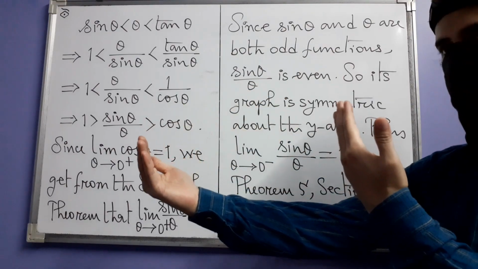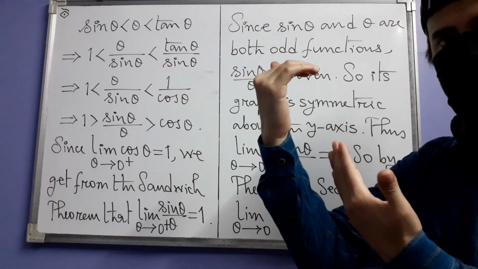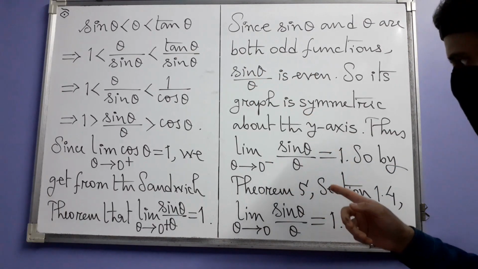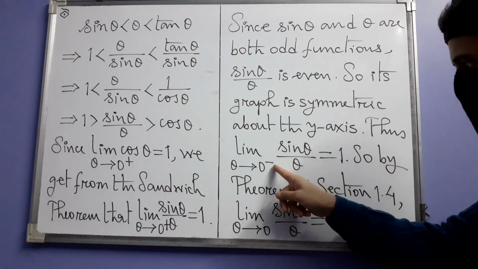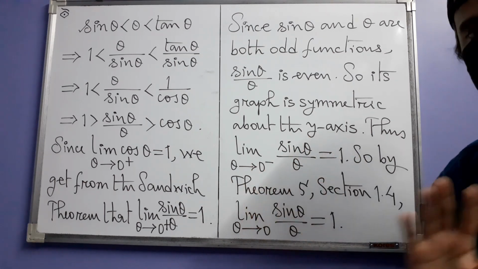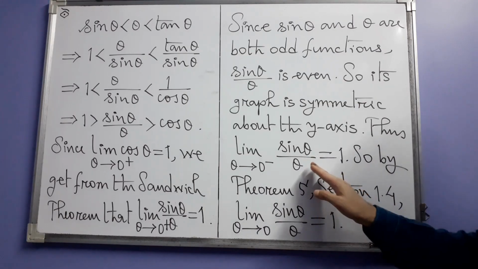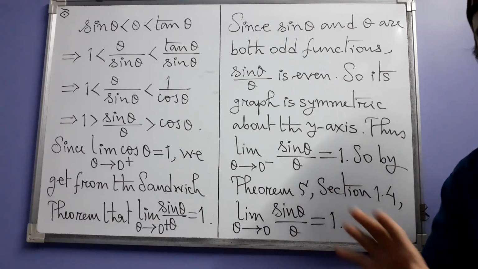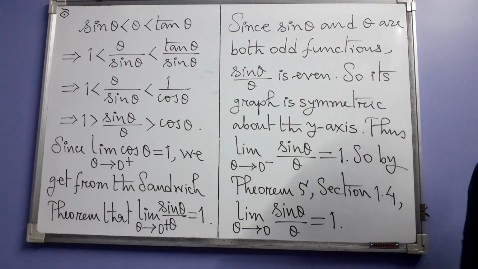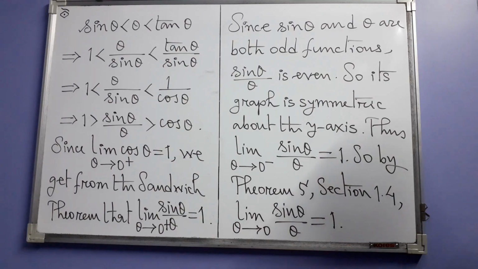So if theta approaches 0 from the negative side, from that side also the graph will approach 1. And that is why this symmetry tells us that the left hand limit of sine theta divided by theta at 0 will also be equal to 1. So without considering negative theta explicitly, that is drawing diagrams and doing all those things, still we have been able to make this conclusion.